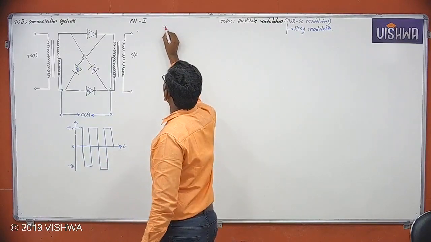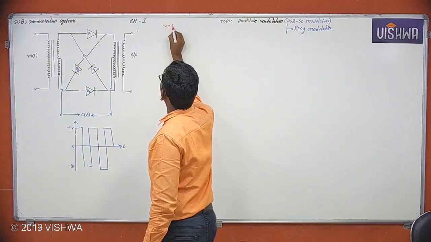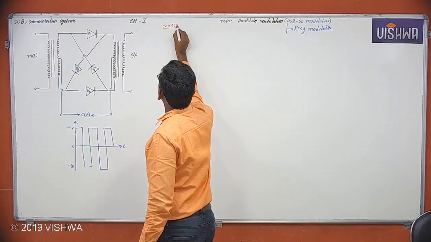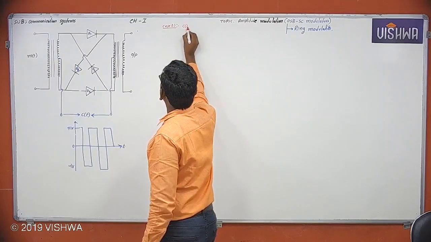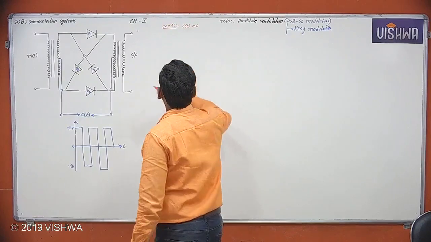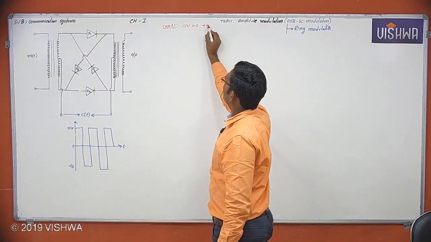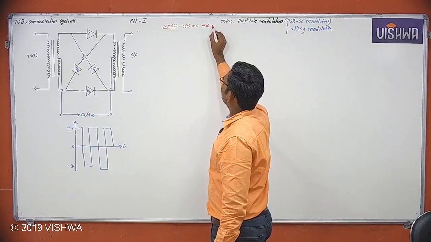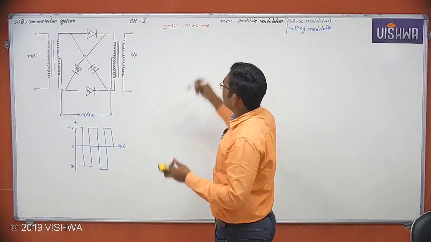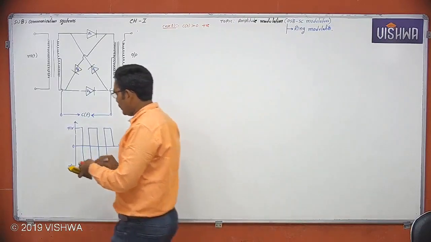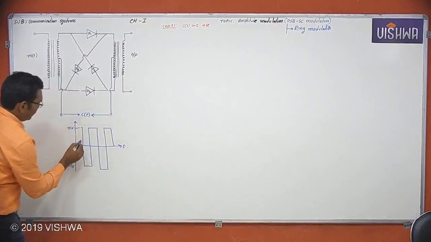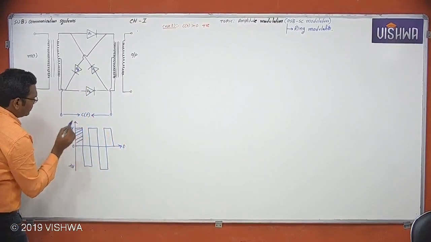Now this is the case 1, when C of t is greater than 0, means positive polarity, positive cycle. C of t is greater than 0 means this one. Now when C of t is greater than 0, this side.